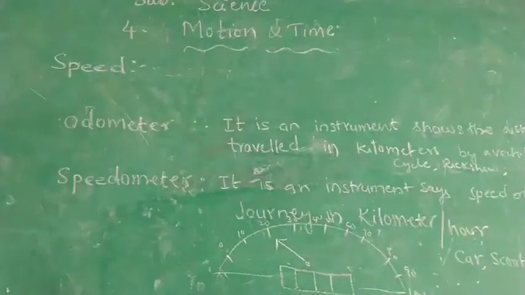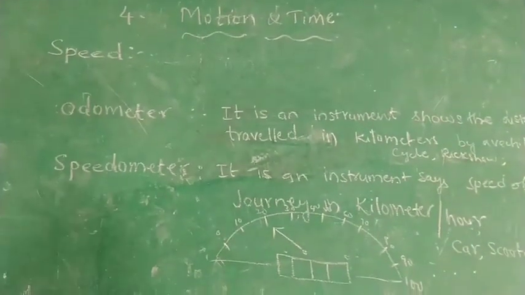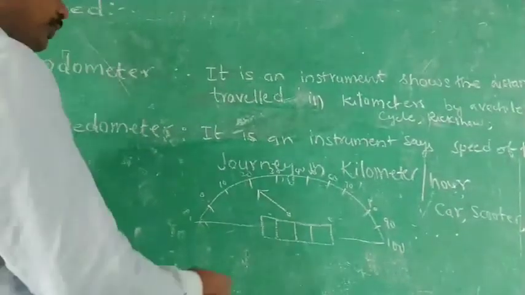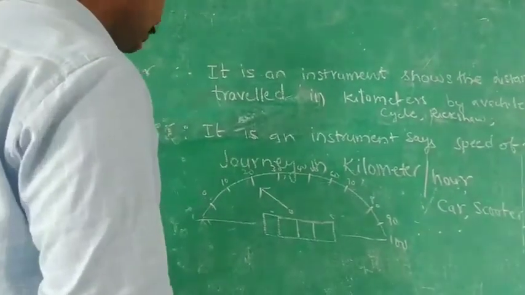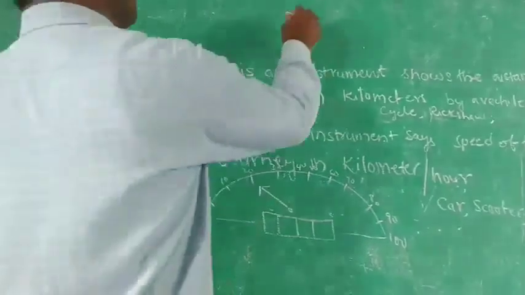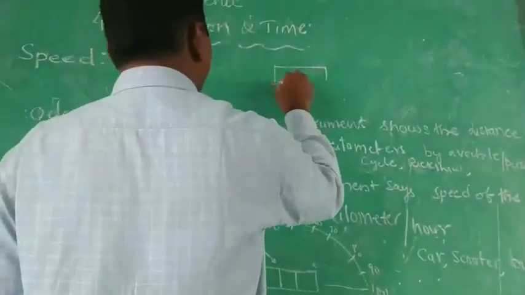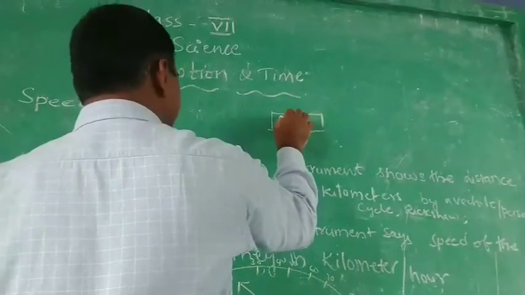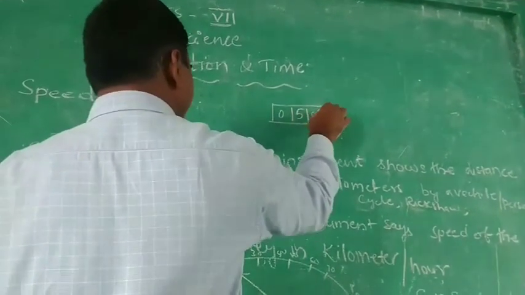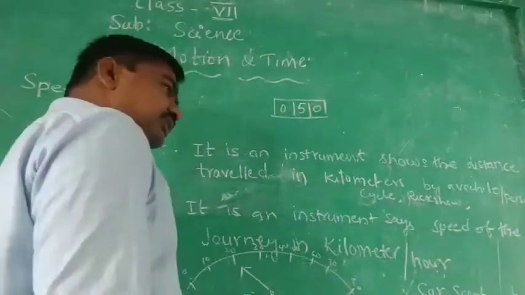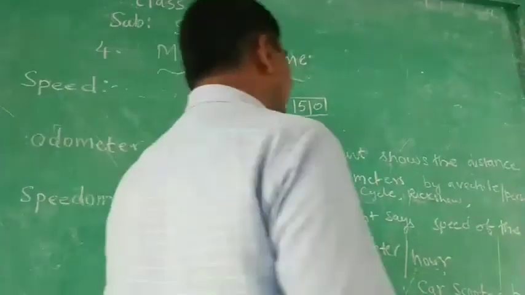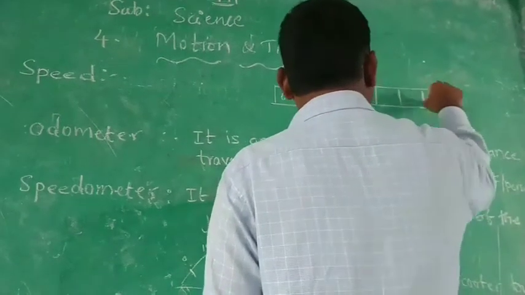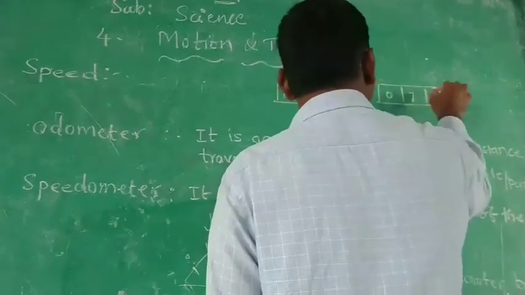Now, how do we find the distance traveled from the odometer? A person starts, and the odometer is showing fifty kilometers. He ended the journey at 75.